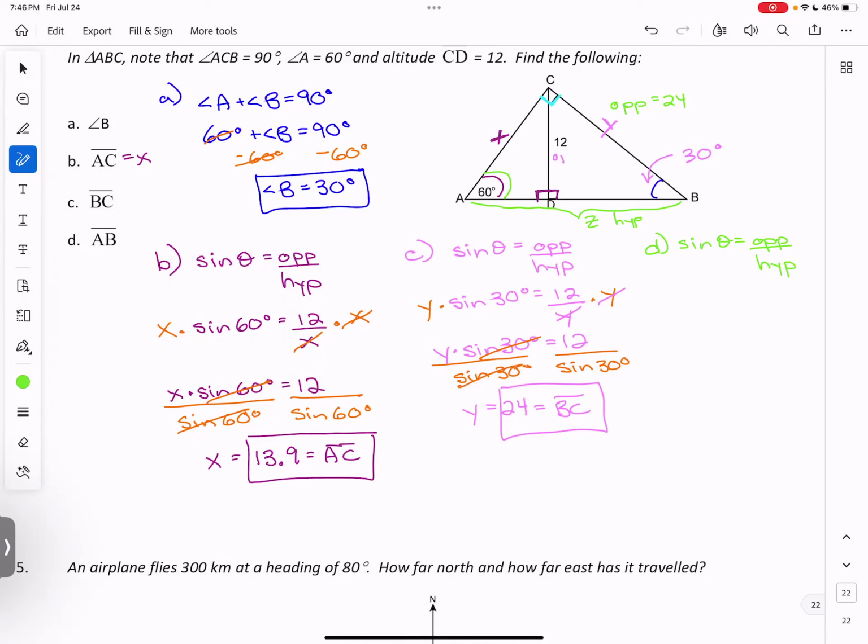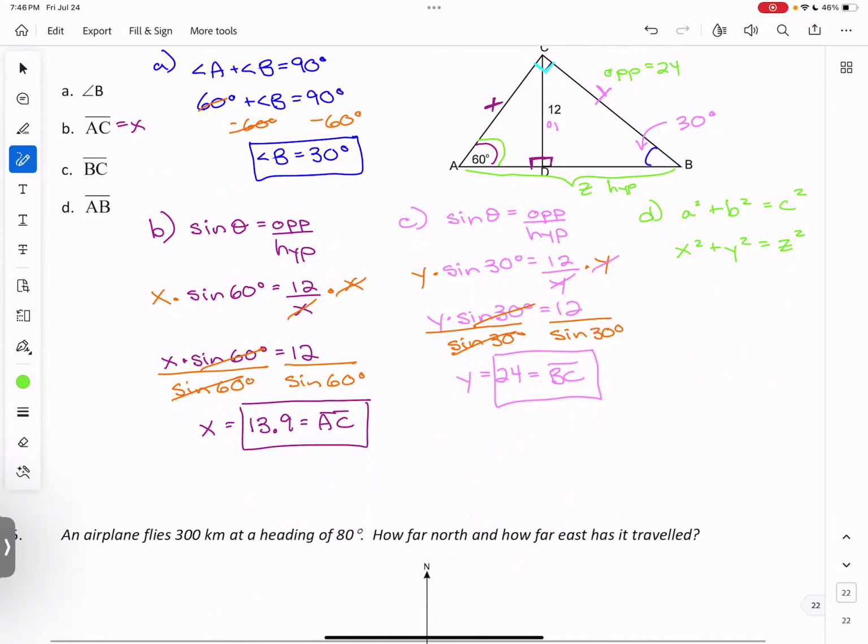I suppose I also could use Pythagorean theorem here, couldn't I? Let's do that because it'll add some variety to our sine ratios. Okay, so we know the two legs of the triangle add to the hypotenuse. So in this case, x squared plus y squared equals what I've labeled as z squared. So x was 13.9. I didn't save that number in my calculator, so we'll have to just estimate it. So 13.9 squared plus 24 squared equals z squared.